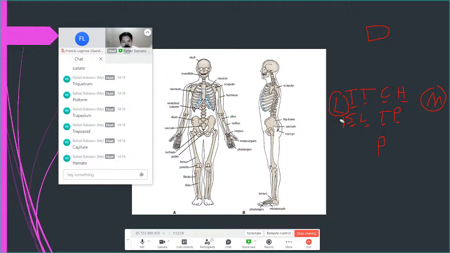In the proximal row, the answer is scaphoid. Or, in the distal row, which carpal bone is the most medial? Hamate.